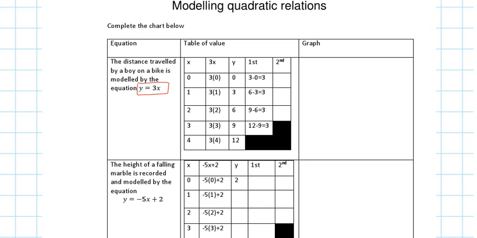I told you quadratic has a degree of 2. Do you see a degree of 2 here? No. So from the equation, I can say this is linear because it's degree 1.